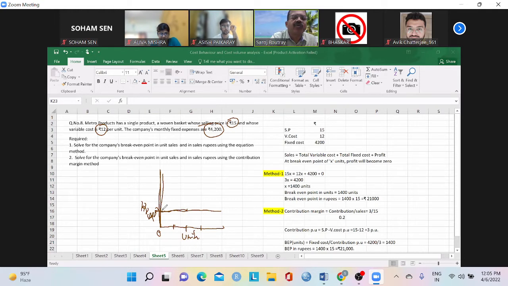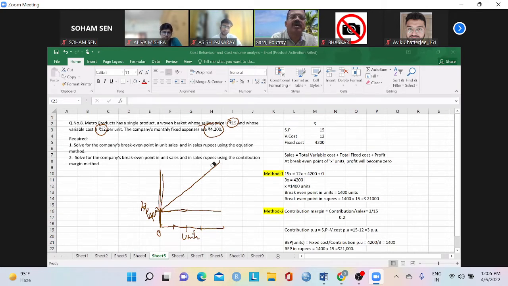If I sell 1 unit, my variable cost will be 12. I don't draw it separately because my fixed cost is already here and I want to draw a total cost line. So the variable component, I add it here. If it is 100 units, the variable cost is 1200. And if it is 200, variable cost is 2400, like this.